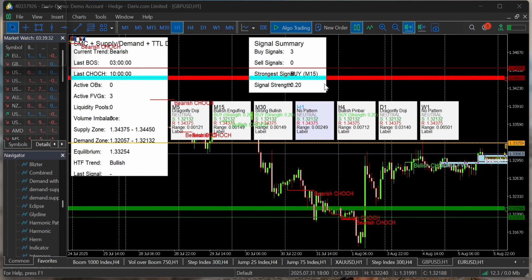And if you don't understand, it's already simplified for you to see the active fair value gaps that are not mitigated yet, the volume imbalance that you have, where you have the supply, where you have the demand, where you have the equilibrium, which is the demand supply part of it. And also the multi-time frame, so you see what exactly is the candlestick forming on each time frame. That also talks about the structural changes or the market shift. All this information together in just one.